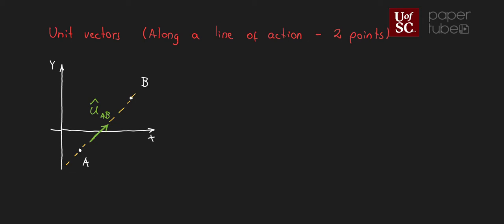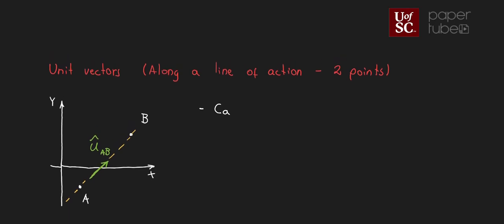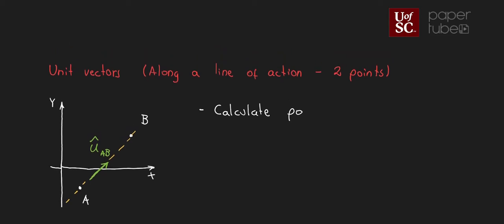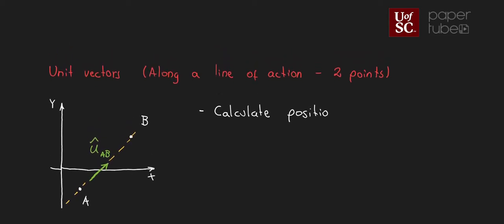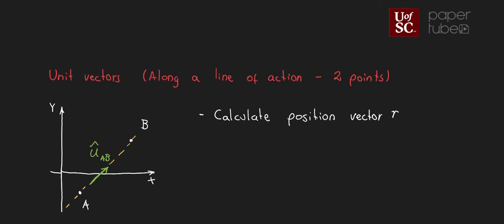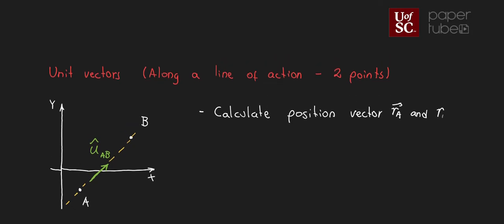Well, we know how to calculate the position vector RA and the position vector RB, right? So the first thing we need to do is to calculate the position vectors RA and RB.